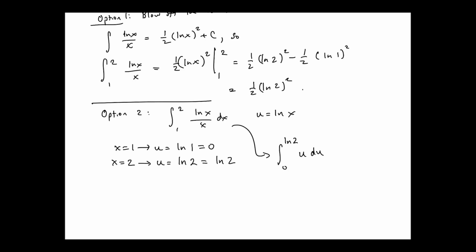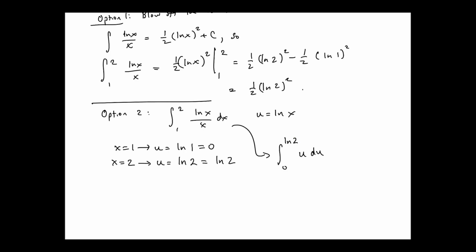Now, I have technically skipped a whole bunch of steps here but like last time, when we did the substitution for log x over x, it turned into just u, right, from the previous page. So this arrow incorporated the stuff that we did 10 minutes ago.